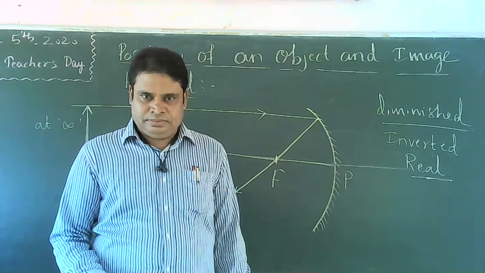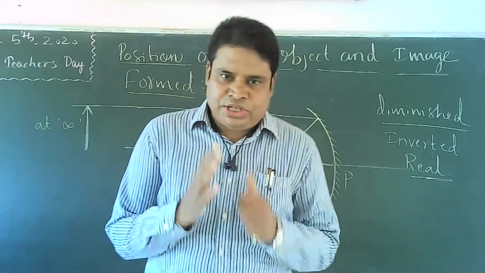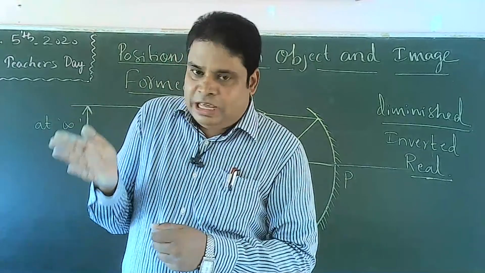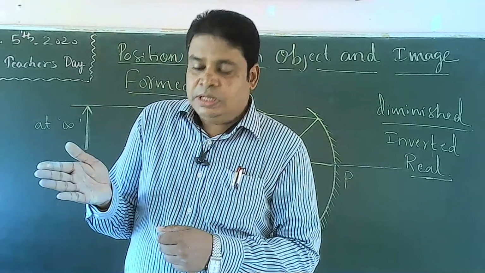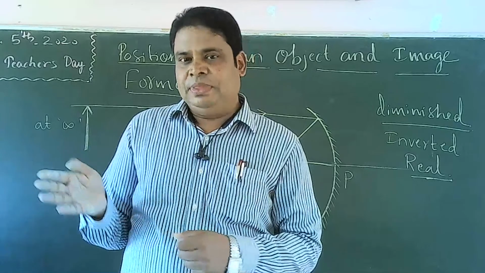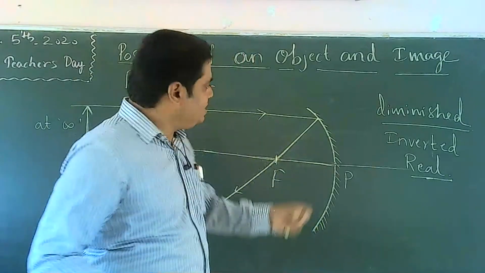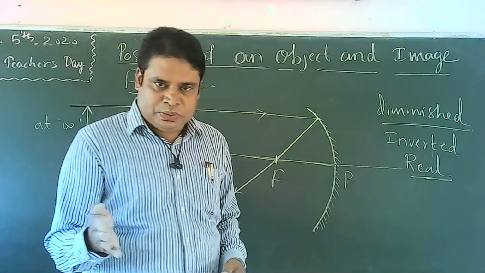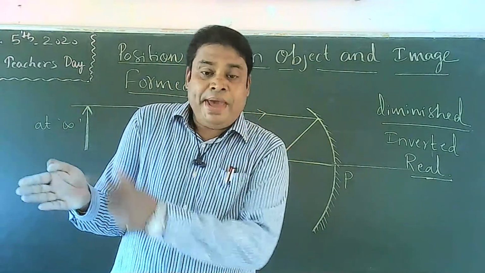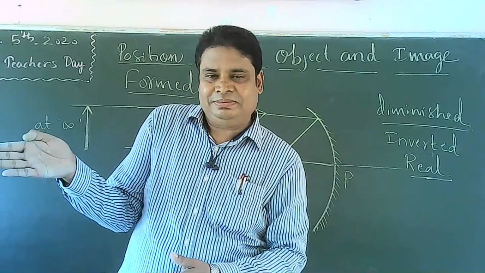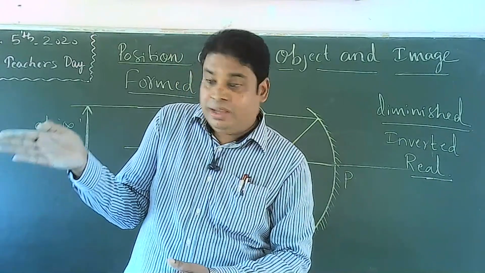What do you mean by a real image? An image that we can catch on a screen is called a real image. In the case of a concave mirror, it is possible to catch the image of an object on a screen. We can catch literally what?